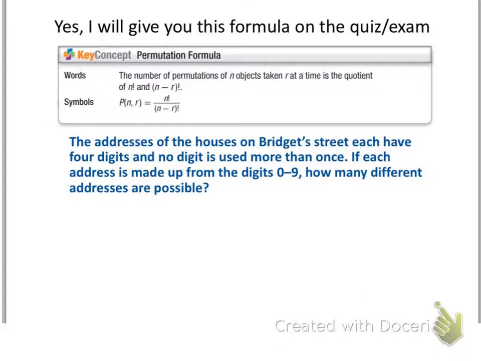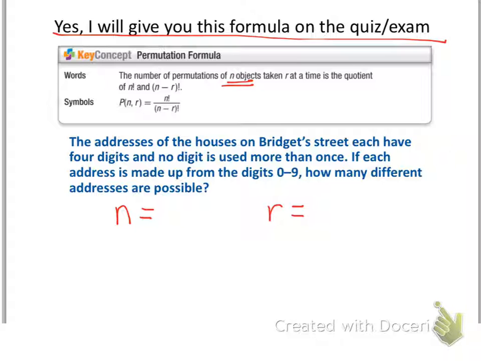All right, let's try one more. Oh, and by the way, yes, I will give you this formula on the quiz or the exam. So the addresses of the houses on Bridget Street each have 4 digits, and no digit is used more than once. If each address is made up from the digits 0 through 9, how many different addresses are possible? So what do you think N is? What do you think R is? N, remember, is the number of objects.